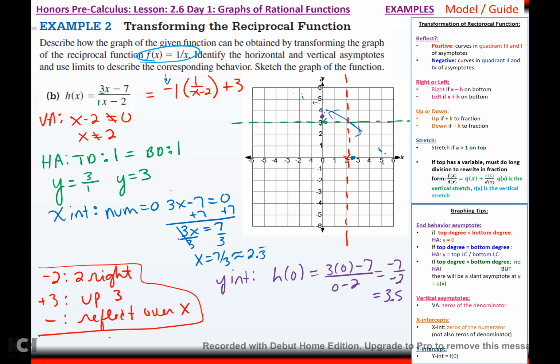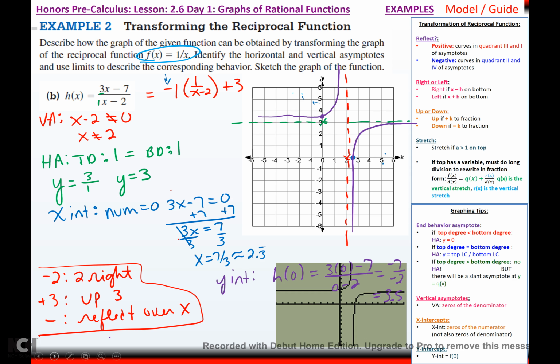Okay? So now I can probably guess, I'll check on the calculator, but what I'm guessing is this thing does this. It goes asymptotic between the asymptotes, and it passes through those 2 points. And then I'm going to get a little clue from my graph, and sure enough, there it is.